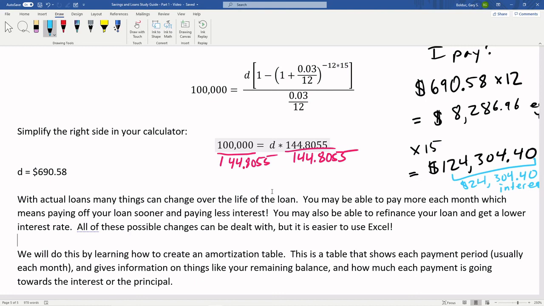So that's not in here. We've got to do some other work to figure that out, but Excel will do it all for us, which is pretty nice. So that's going to be separate, creating an amortization table. Go find that video on Lumen. You could check that out. That's going to be just part of your project. So your project will involve creating an amortization table for a specific loan that you're going to be taking out.